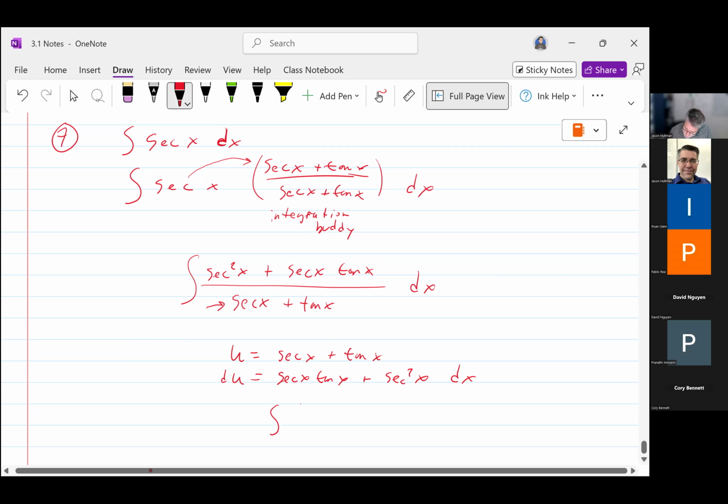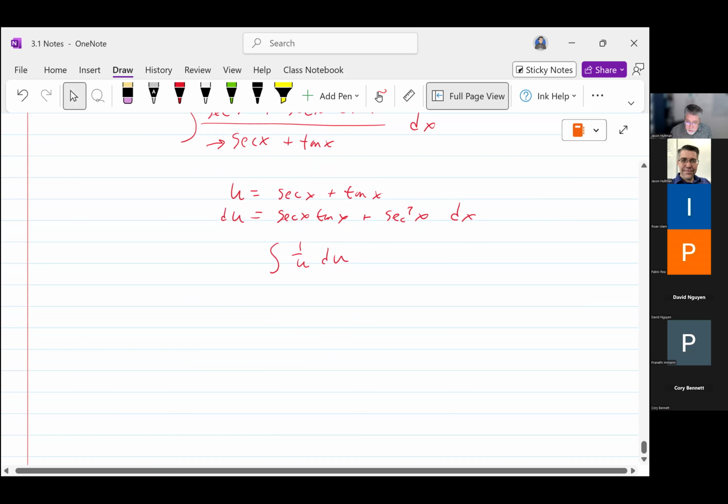So this just becomes the integral of 1 over u du, which is what? ln u. Yeah, that's just the ln of the absolute value of u plus c. And so this becomes the natural log of u, which was secant x plus tangent x, plus c, and that is the integral of secant. Just amazing. It's mind-boggling.